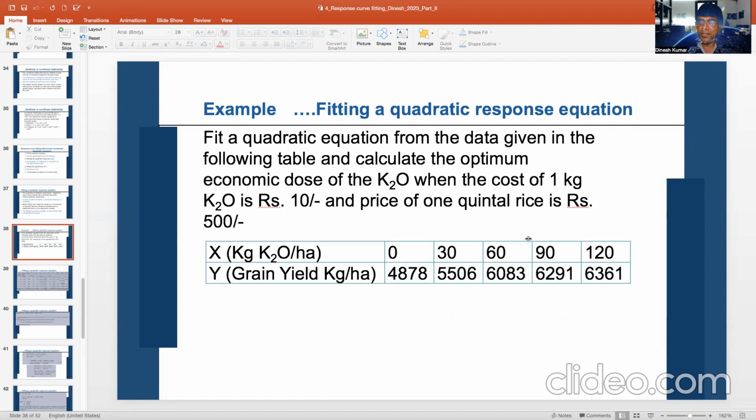So you must see the units in the example given to you. Whatever units are given in your example, you need to take unit price of that. If it is kilogram, kg K2O per hectare, then you take price of 1 kilogram. Here also grain yield is in kilogram per hectare. Then take price, in the first case it was cost. Here take the price of 1 kilogram of rice.